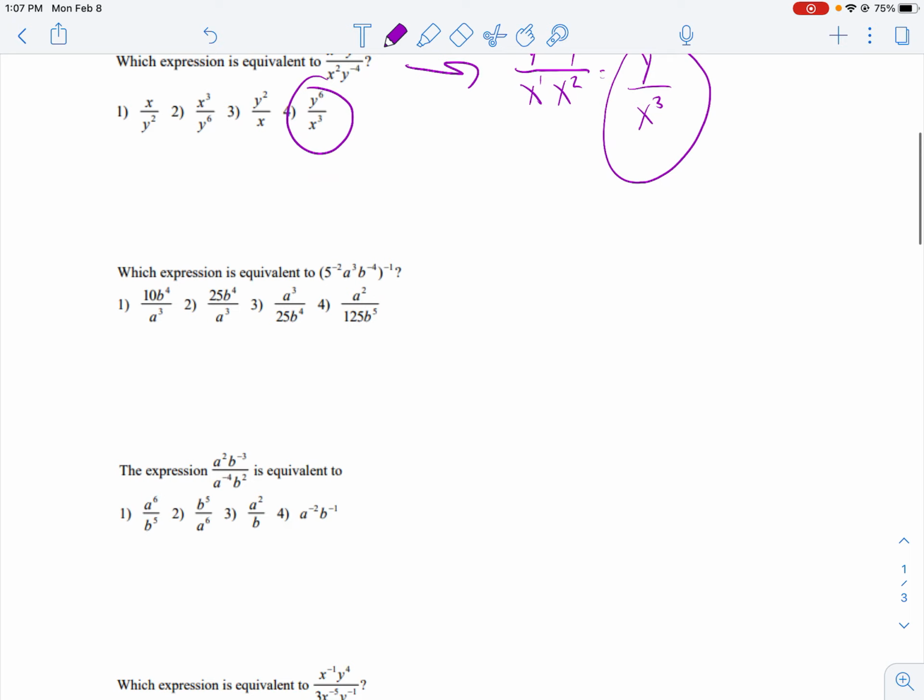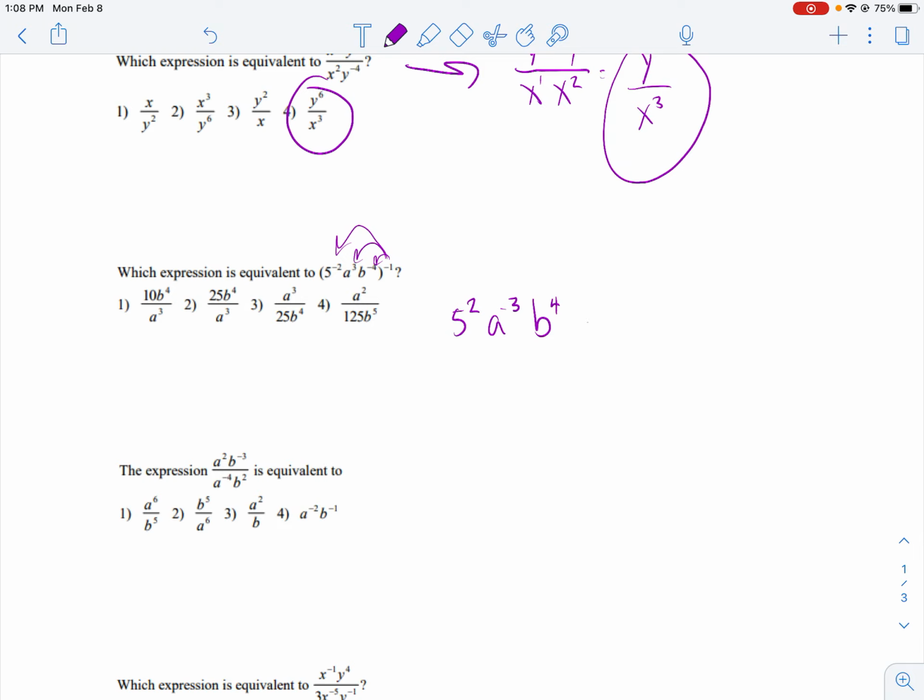Take a look at this one down here. There are a couple of ways we could go about it, but I think this would be the easiest route: just distribute that negative 1. So 5 is going to be 5, negative 2 times a negative 1 is a positive 2, 3 times a negative 1 gives me a negative 3, and this is going to be b to the 4th, since negative 4 times negative 1 is positive 4.